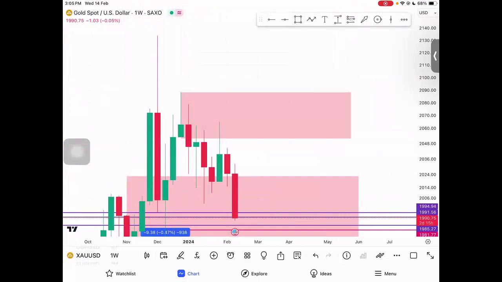Do you trade all pairs or just gold? Only gold. Two or three years before this, I traded all pairs, but I cannot monitor all. I cannot enter on all.